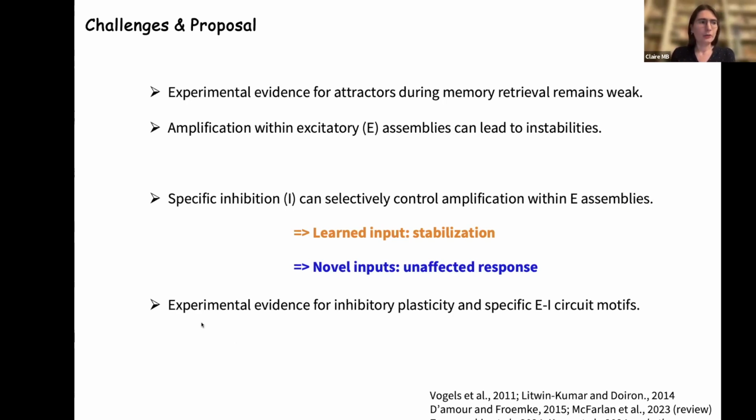Earlier work has also focused on the structure of excitatory connection and plasticity of this excitatory connection. However, we have more and more increasing experimental evidence for plasticity also at the input and output synapses of inhibitory neurons, and also evidence for specific excitatory-inhibitory circuit motifs.